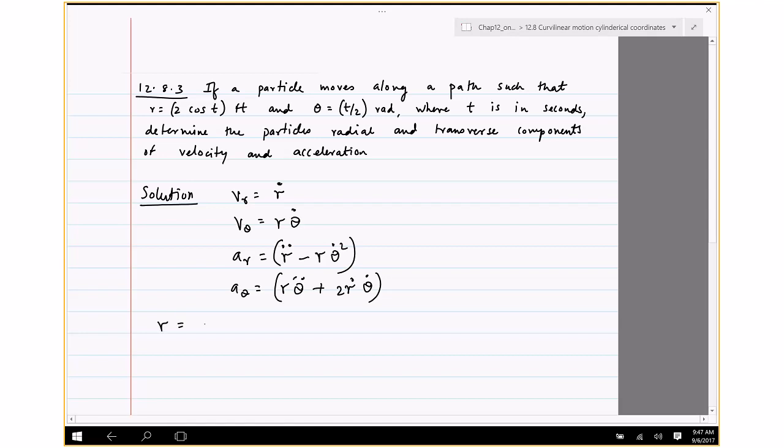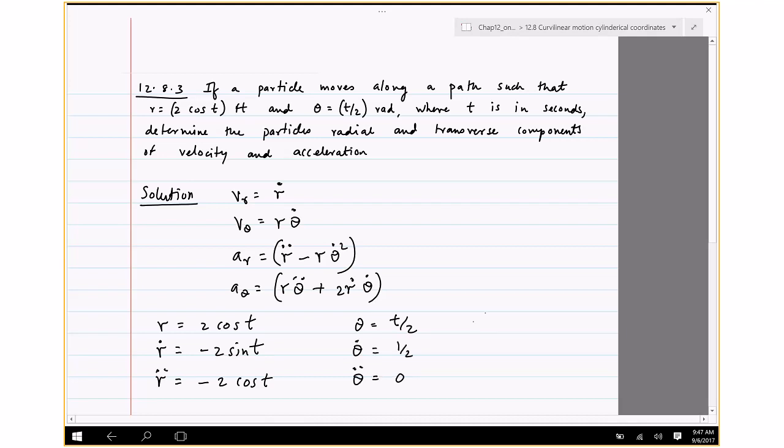So r is 2 cosine t, r dot, the first derivative of r with respect to time, is minus 2 sine t, and the second derivative is minus 2 cosine t, since the derivative of sine is cosine. Theta is t divided by 2, theta dot is just half, and theta double dot is 0.